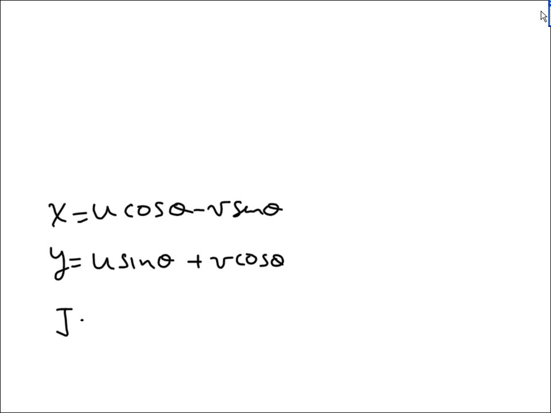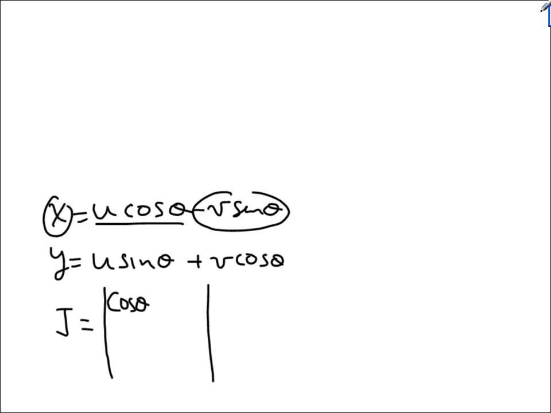What's the Jacobian? Well, it's a determinant. The first row, first is the partial of x with respect to u, which will just be cosine theta. Partial of x with respect to v, which will be negative sine theta.